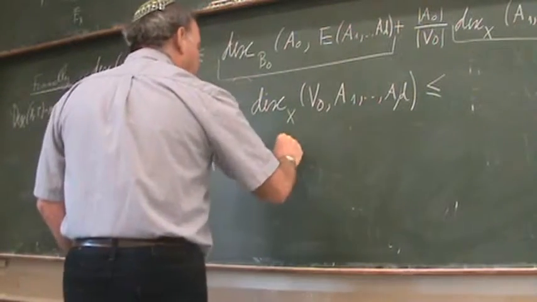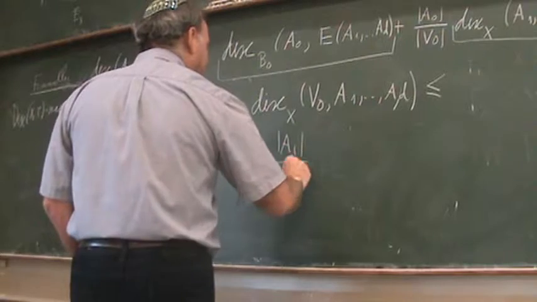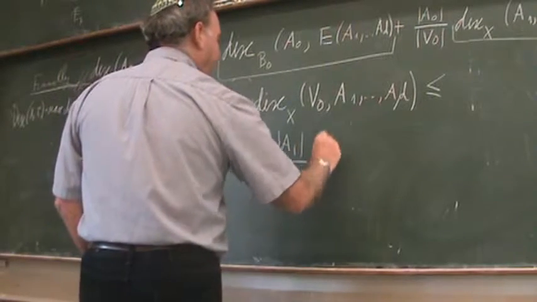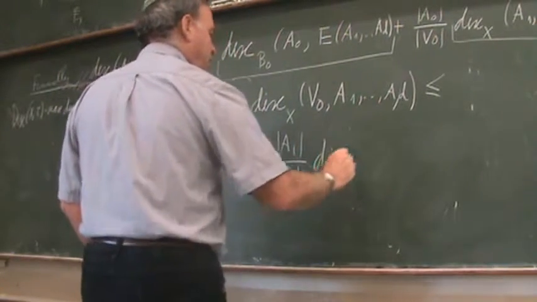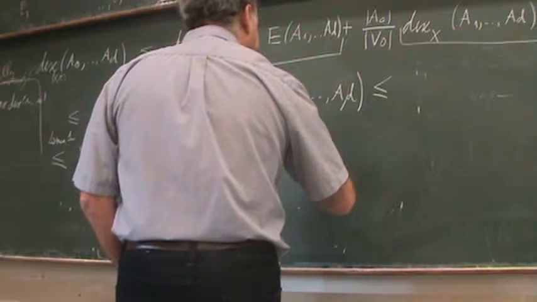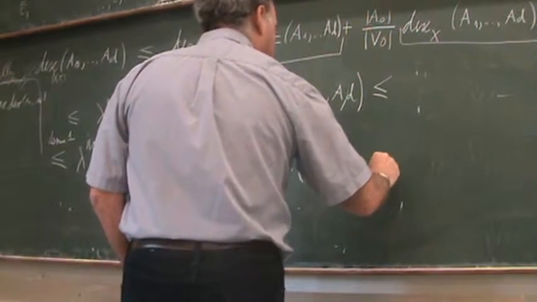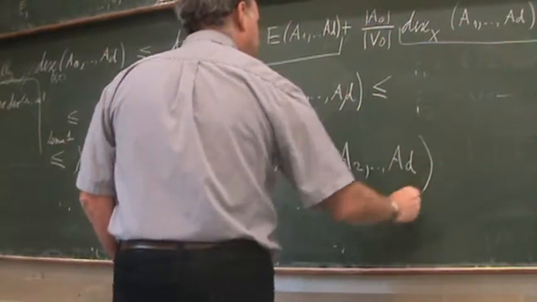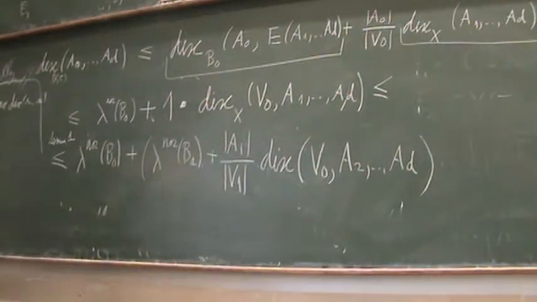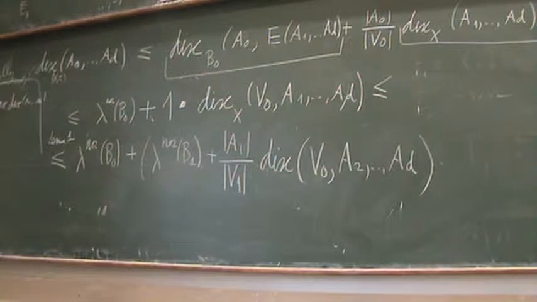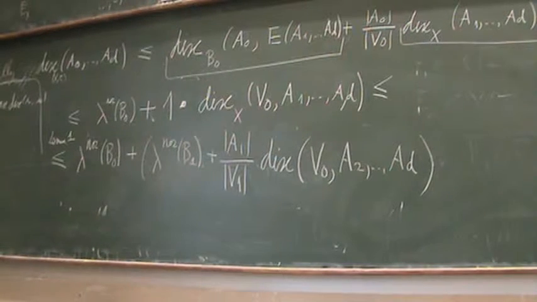plus A1 divided by B1, the discrepancy of V0, A2 up to AD. Okay?